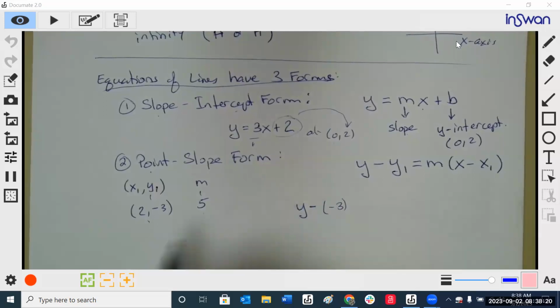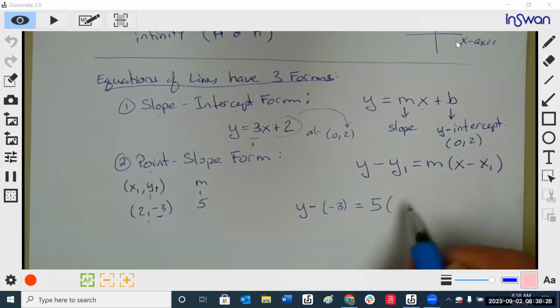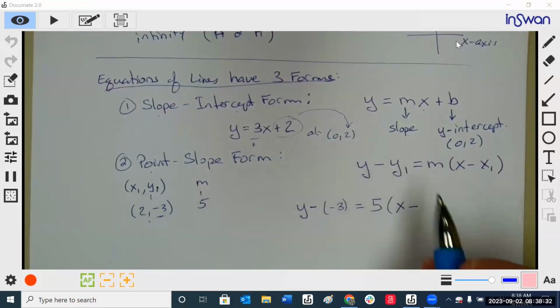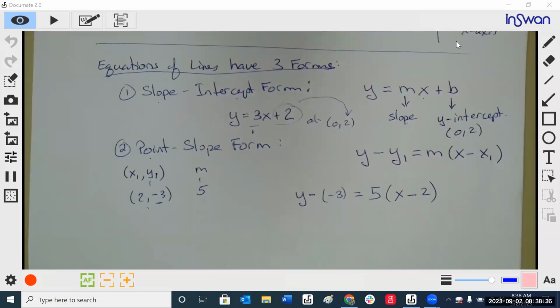Y1 is -3. It's the y value. M is that, that's what m is. X minus, what's x1? Just plug them in there.